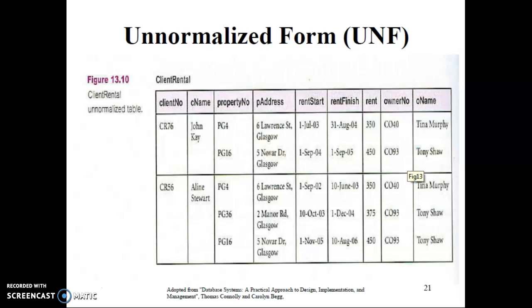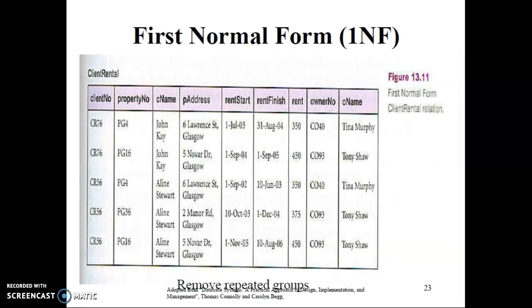To remove these repeating groups and to transform into first normal form, enter the appropriate client data into each row. The resulting first normal form client relation table is like this. So what we have done, how we have transformed into first normal form: for each client data we have entered each row.